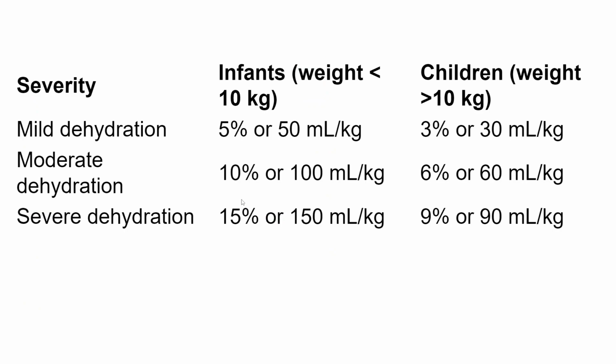Now, to estimate the quantity of water required or the fluid loss in a case of dehydration: in infants, the mean dehydration is around 5%, that's 50 milliliters per kilogram. Children, particularly in pediatric conditions, have more of these issues. In a very small child, the infant, the fluid loss will be quite significant in terms of the percentage of body content.